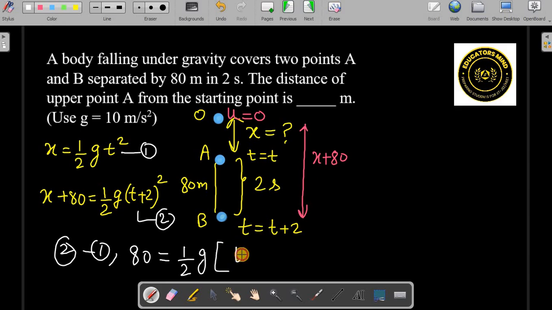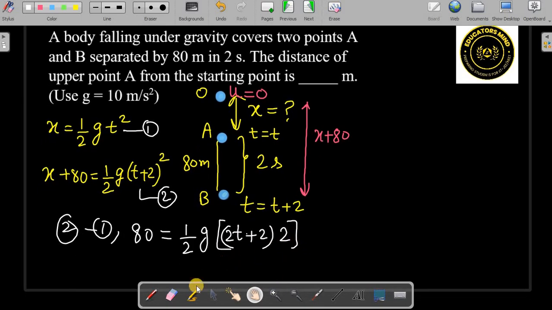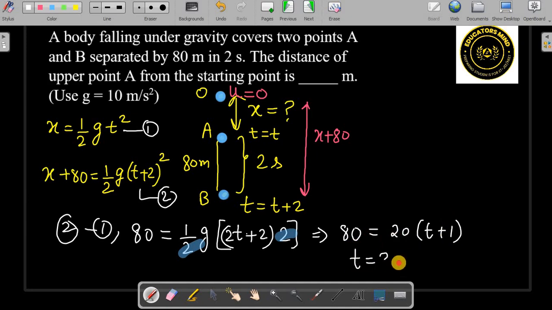So a plus b you'll get 2t plus 2, and a minus b you get only 2, right? So from here, 1 by 2 and 2 can be cancelled, and another 2 can be taken as common. So g is 10, it is equal to 20 (t plus 1). So this becomes 4 on this side, and t will be 4 minus 1, which is 3 seconds.